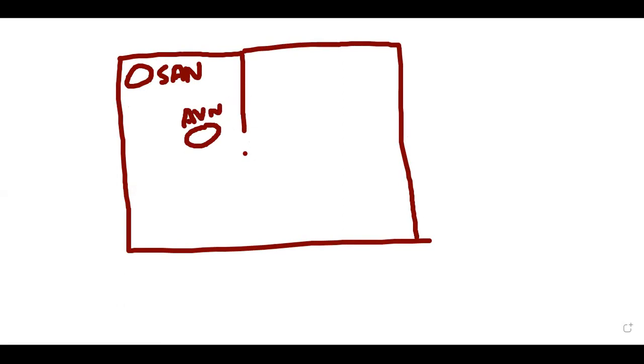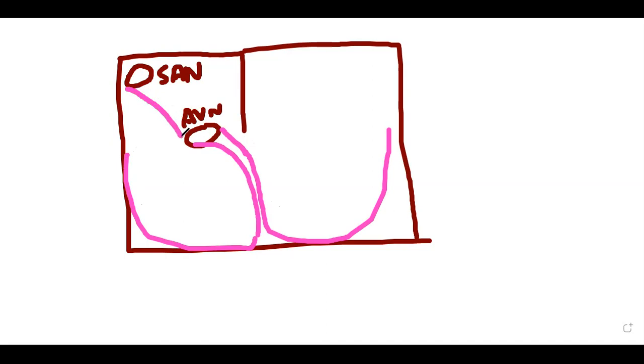Second is AVN. That continues downwards. So when you observe this structure, SAN is going to send the signal to the AVN.